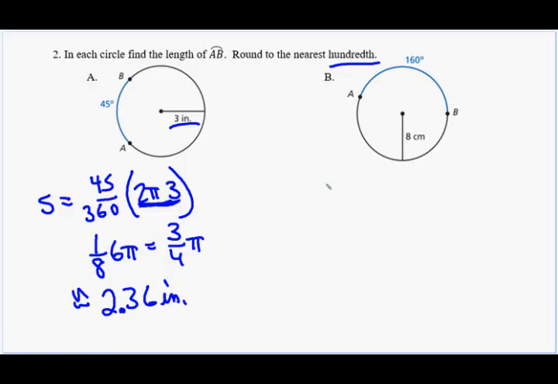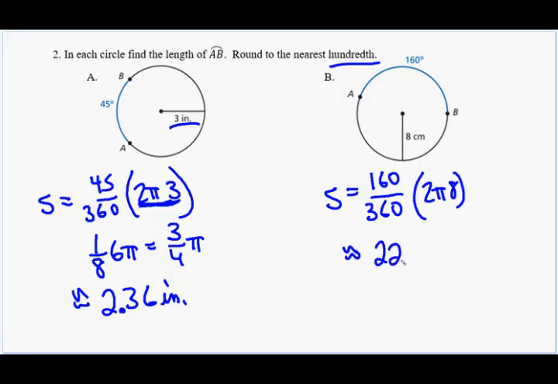All right, in letter B here, arc length is going to be 160 out of a full 360 times 2 times pi times 8. Calculator tells me that is about 22.34. Units now are centimeters.